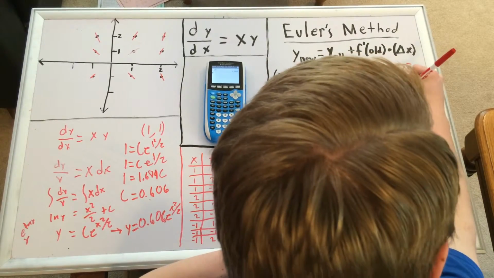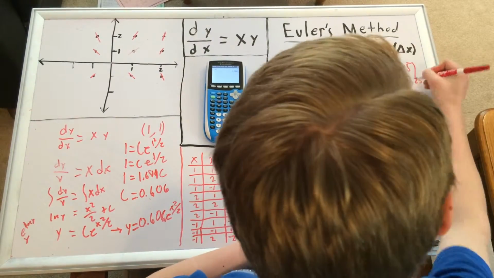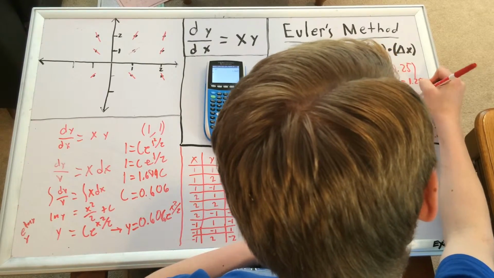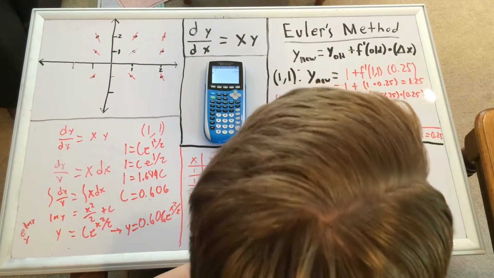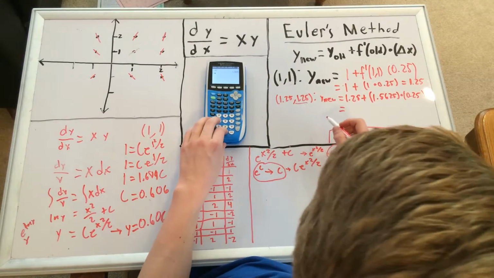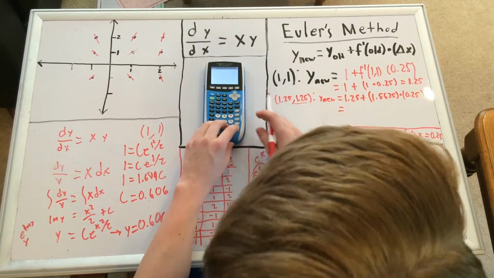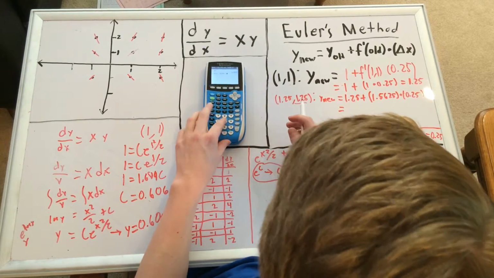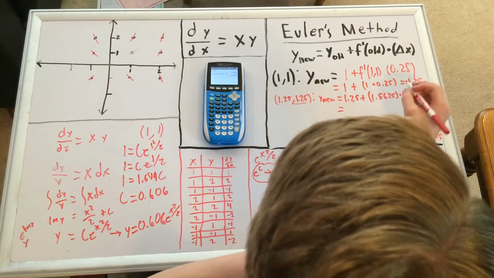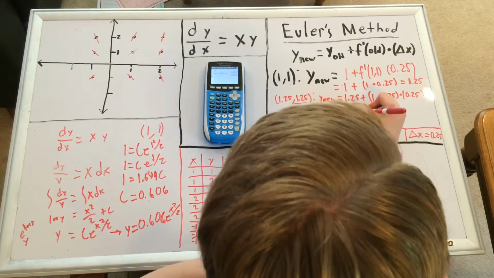Then we will multiply this again by our delta x value. So this will come out to 1.25 plus this value before times delta x, which gives us 1.641.